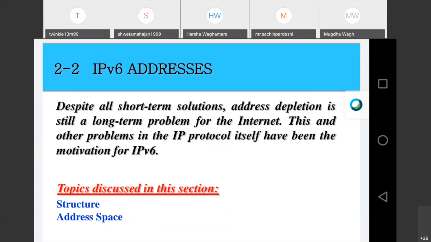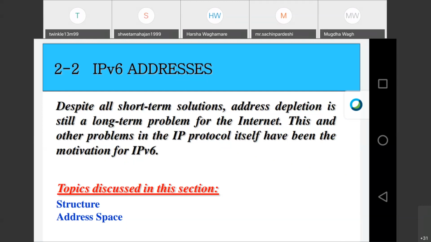We have seen the restriction. Here also one address is wasted, but compared to classful addressing, where you have to allocate a class C address, it means 256 addresses. If the customer wants only 3 addresses, around 253 addresses were going to waste. But in classless addressing, only one address is going to waste.